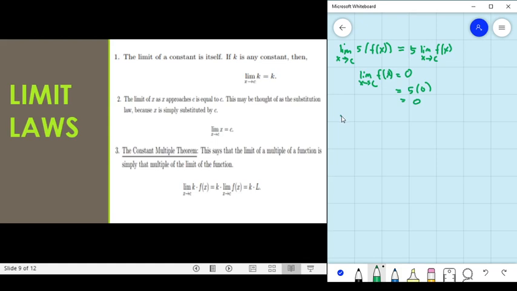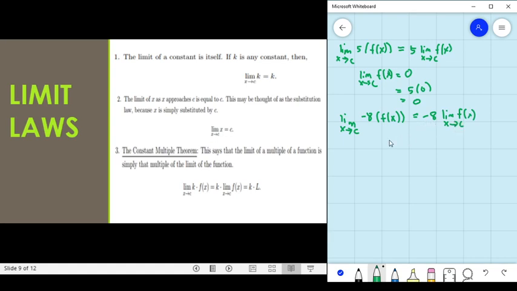So another thing is if we have the limit of -8 times f of x as x approaches c, so it would be the same as the negative of 8 times the limit of the function as x approaches c.